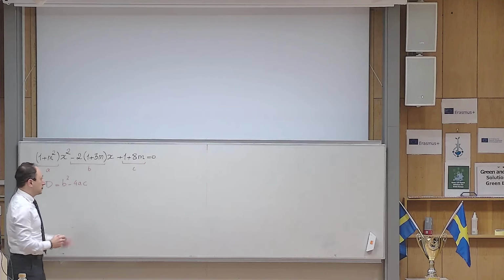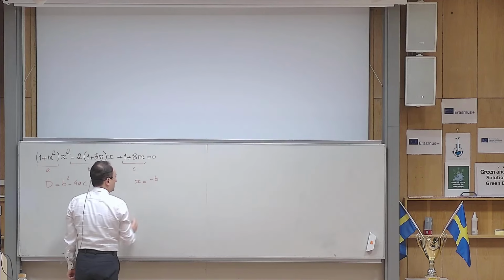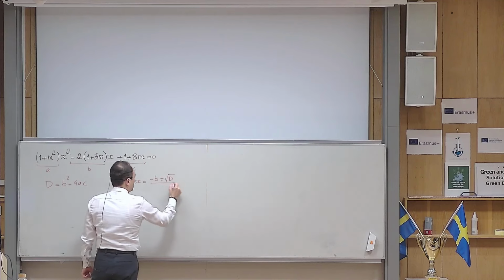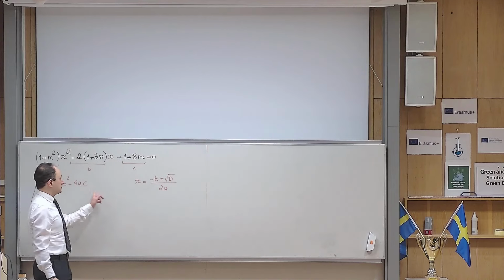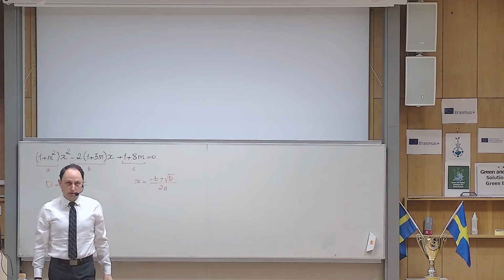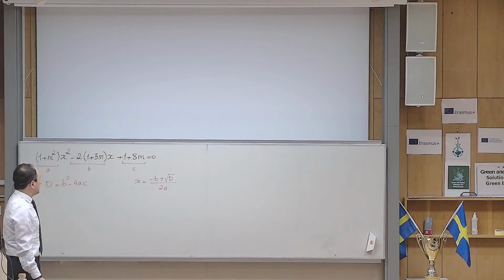If you solve using the ABC formula, the roots are −b plus and minus the square root of D, divided by 2a, where D is this discriminant. If it is negative, the square root of a negative number does not make sense in the set of real numbers, and we do not have any roots.